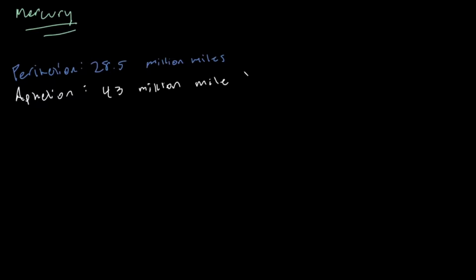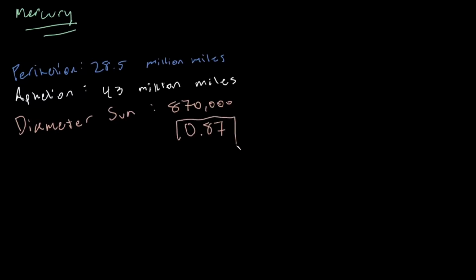Also, one more bit of information that we could use is the diameter of the sun, which is 870,000 miles. Well, what's the first problem? We need these all in millions of miles. So really what we're talking about is 0.87, isn't it? We want to use that number. And we'll see why we need that in a minute.